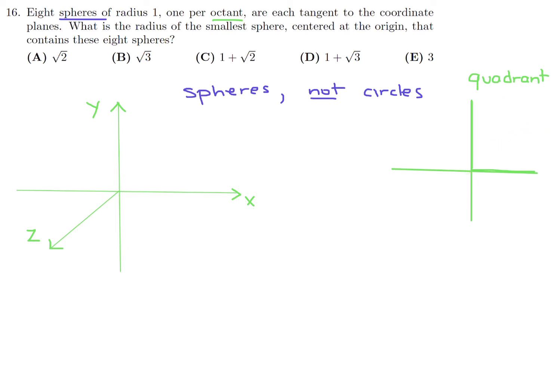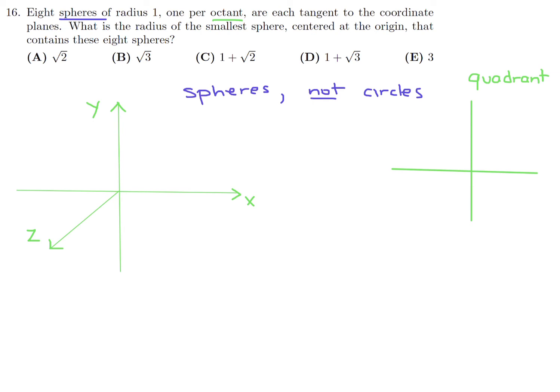So this question, I think the hardest part, of course, is just the visualization of it. Once you visualize the way the spheres are set up, then it becomes relatively straightforward. So I'll try my best, but I have to kind of explain it in a way that's 2D.